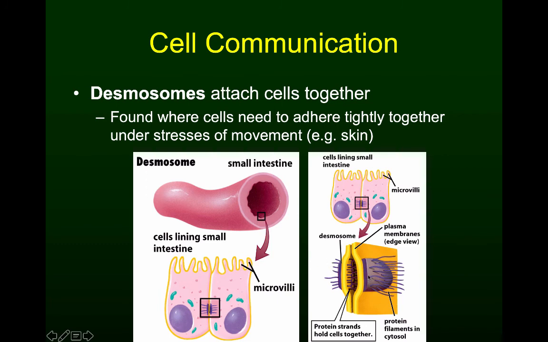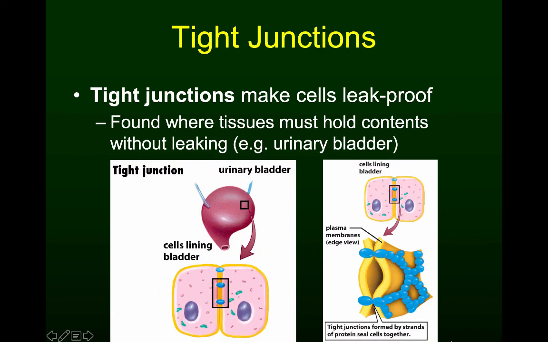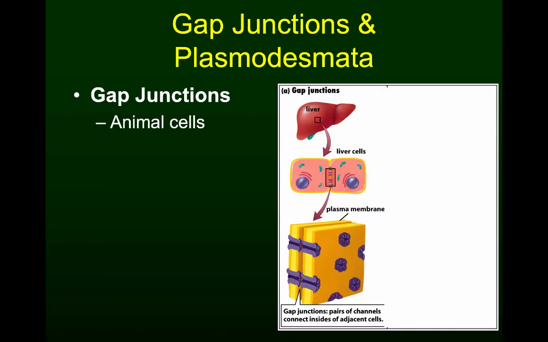So these two cells are like riveted together. Over here, these cells are pressed together with proteins that make them waterproof. A good example of this, places like the urinary bladder, places like the small and large intestine, are held together by tight junctions because you really don't want materials leaking out of those respective organs. We want the cells to be pressed together and very much waterproof as a result.